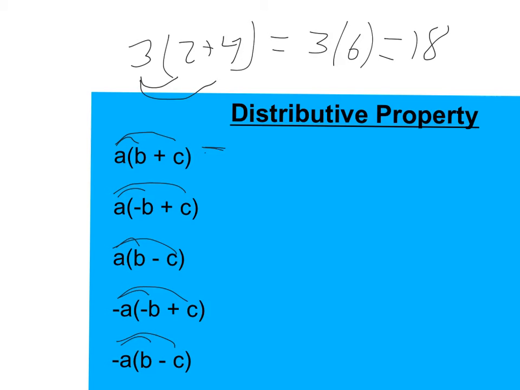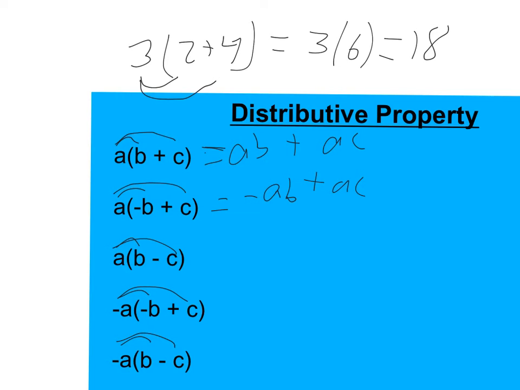But the way we'd look at this then is this is really AB plus AC. Okay, and then if they're like terms, meaning they both have no variable or they both have an X, then you can combine them. You do have to be aware if there's a negative. So this next one would be A times a negative B, so that would be negative AB plus AC.